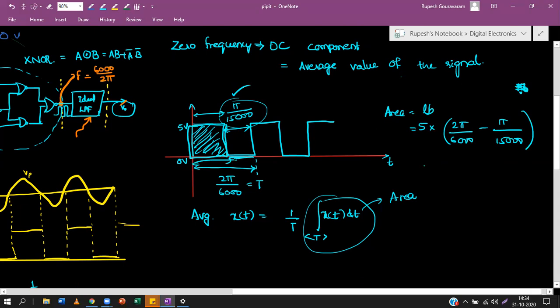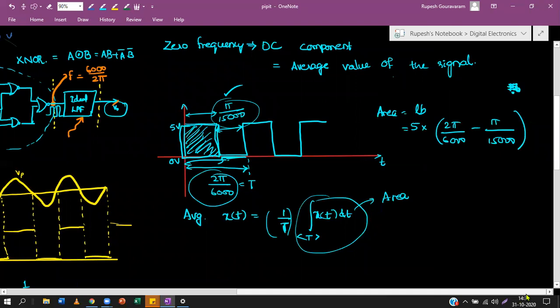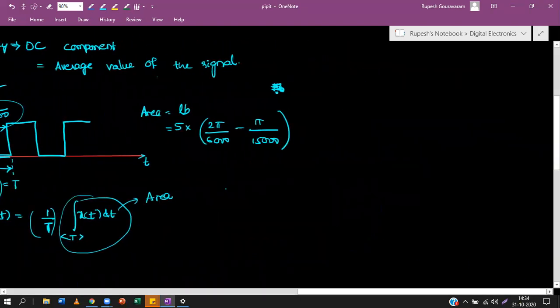So if you substitute that, we'll get some value. And what we have to do is multiply it by 1 by T. T we already know, 2 pi by 6000. So this is the area, and the average value will be 1 by T into this particular value.